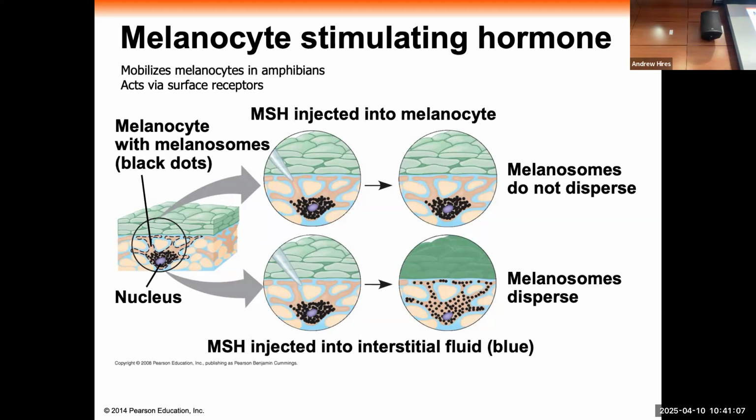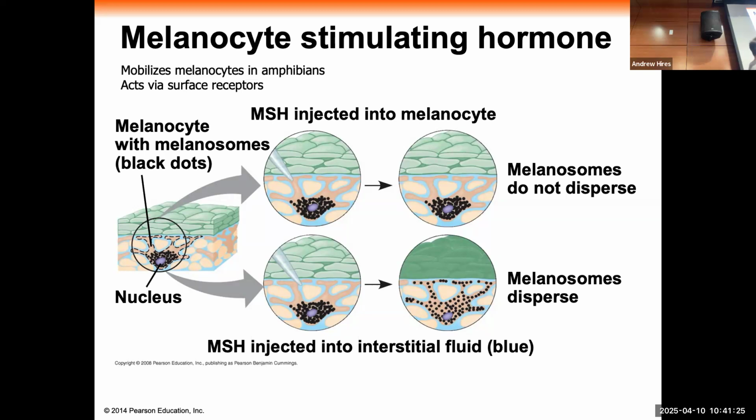What we can see here is that it does not actually increase the number of granules, but it can cause a dispersion of the granules to change the color in a much more dynamic way. That happens via membrane-bound receptors on those melanocytes.